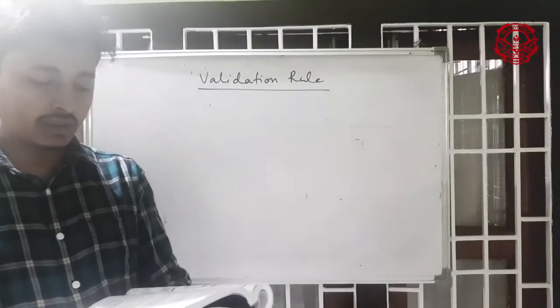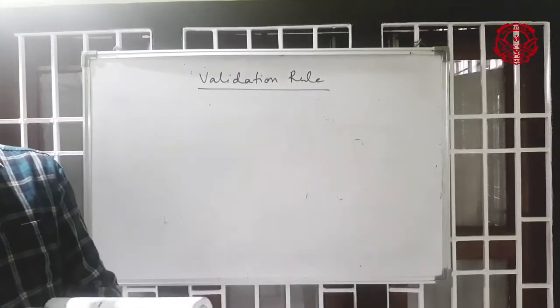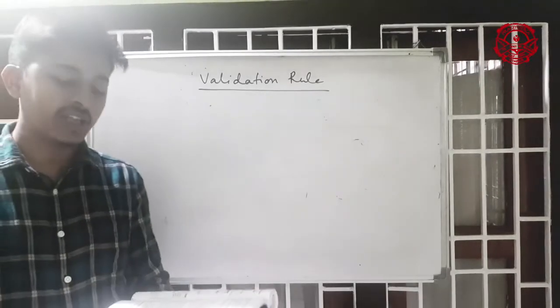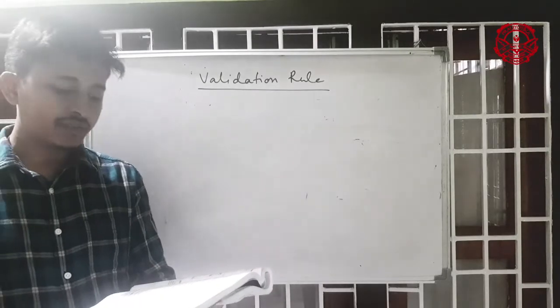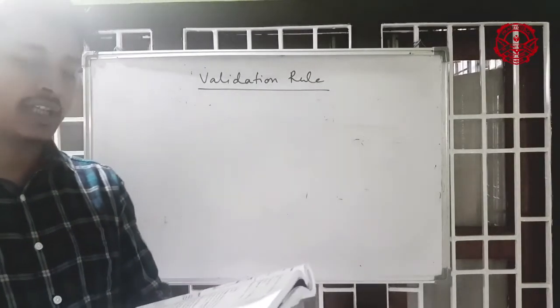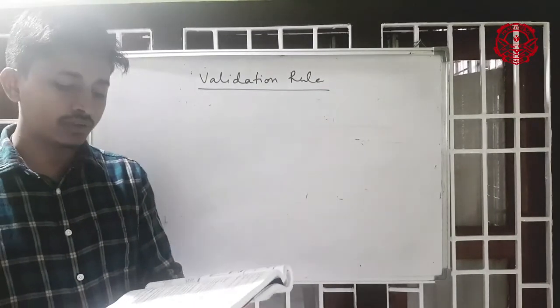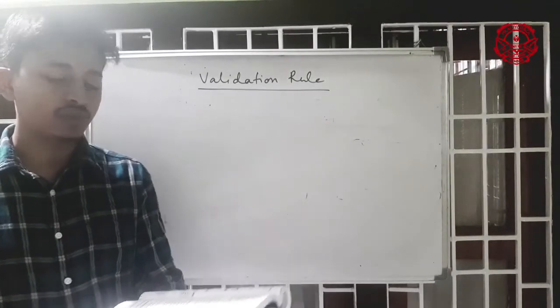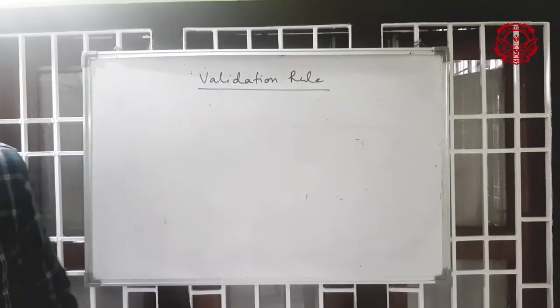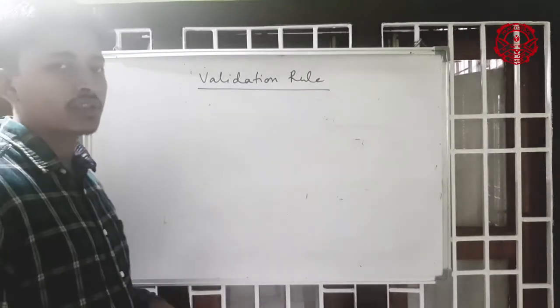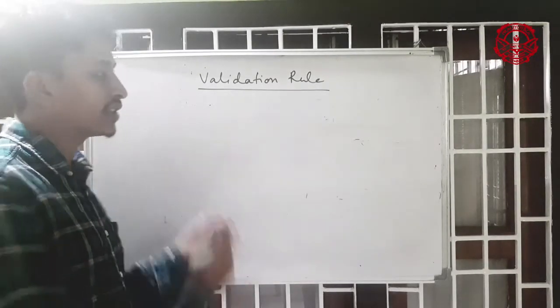Sometimes you want to enter data in a database to a specific range only. Data restrictions can be imposed in certain fields and records using validation rules. Means you want to create some rules in a field.